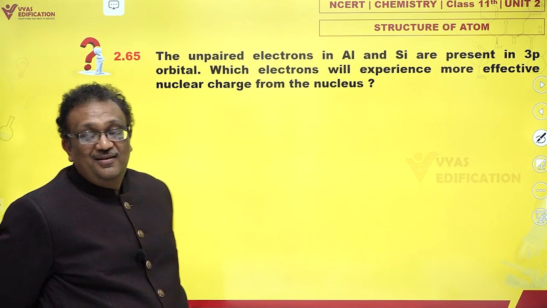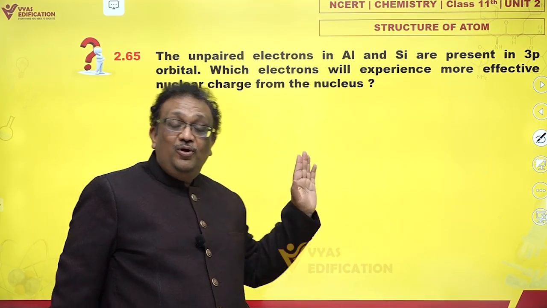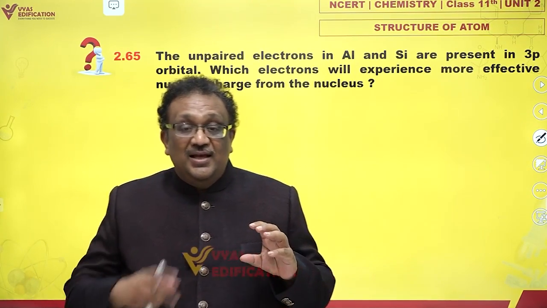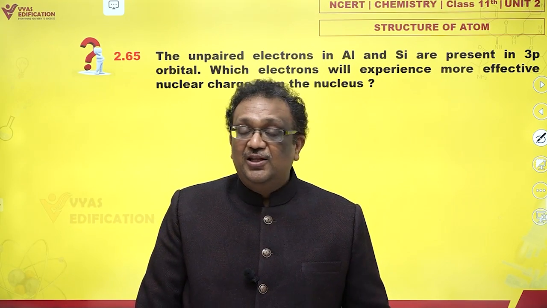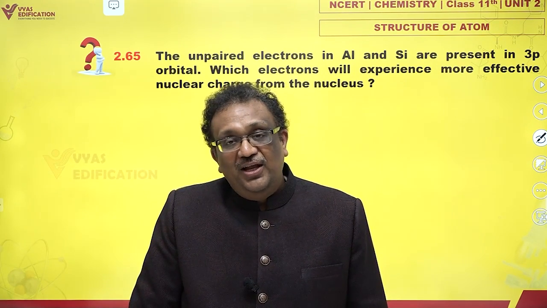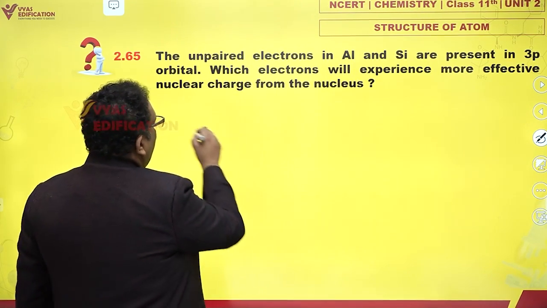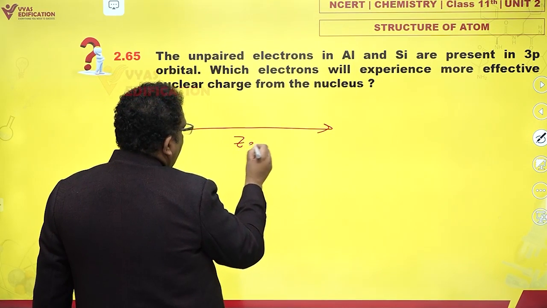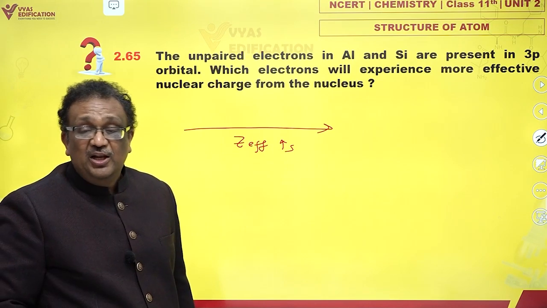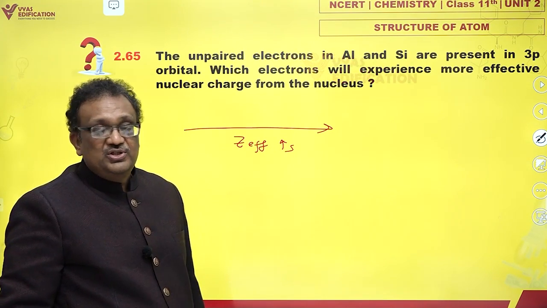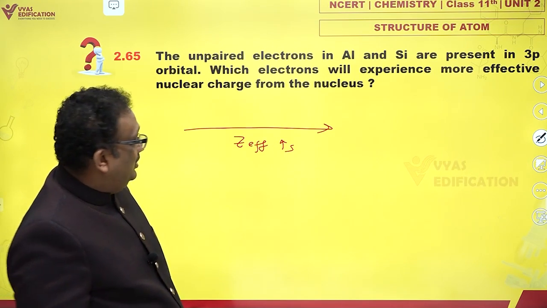Please understand, as we move across a period, number of protons in the nucleus increases, and although electrons also increase, they are never able to shield the nuclear charge as effectively as the increase in number of protons. So always, if you're moving across a period, Z effective increases. So although aluminum and silicon both have 3p electrons, silicon would experience more effective nuclear charge.